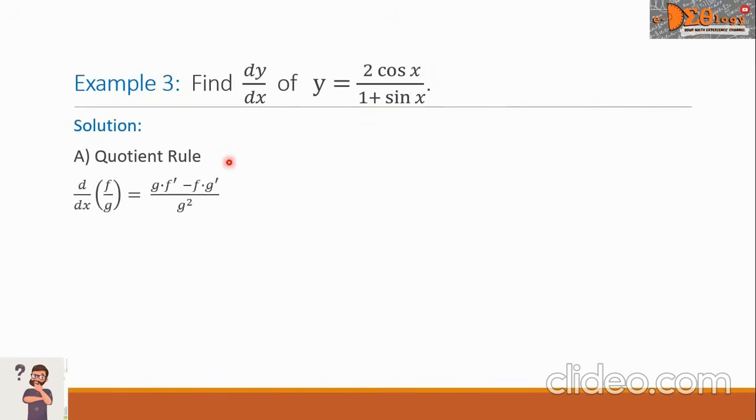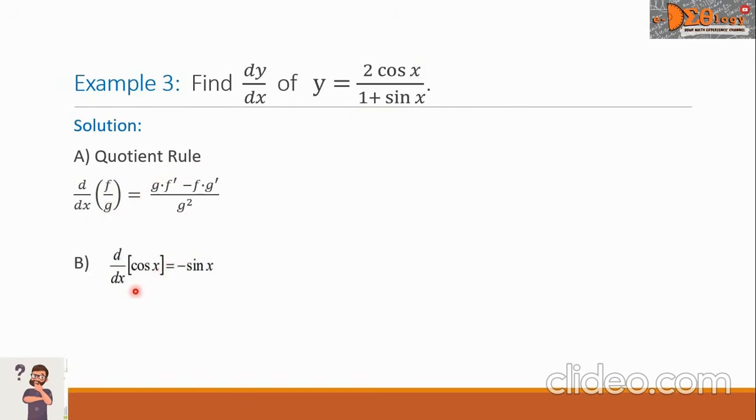So we write the quotient rule. d over dx of the fraction f over g equals g times f prime minus f times g prime all over g squared. Next formula is the derivative of cosine x.